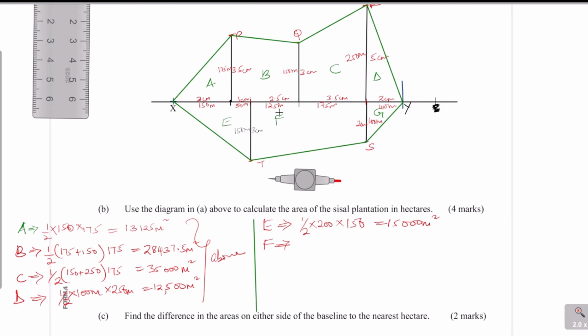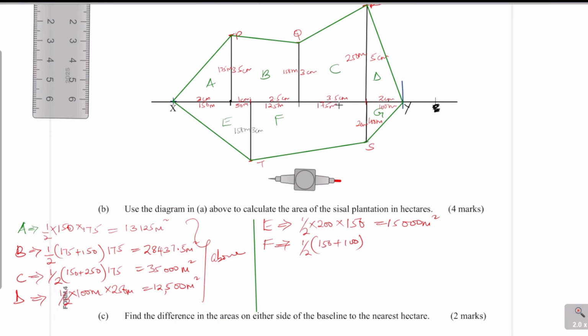So for F, the trapezium, it is half times the sum of the two parallel sides, which is 150 plus 100, then multiply by the height. The height will be 125 plus 175.